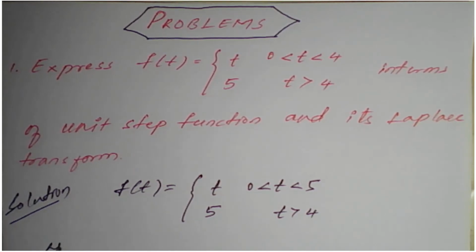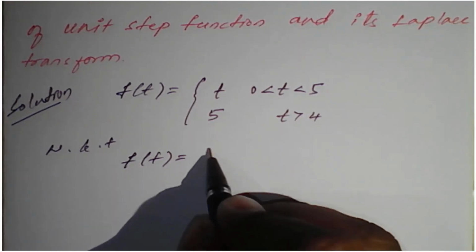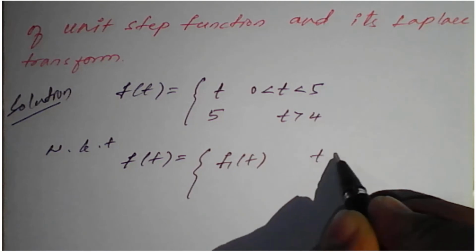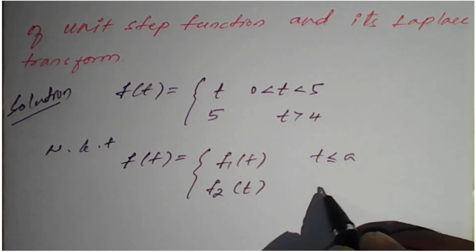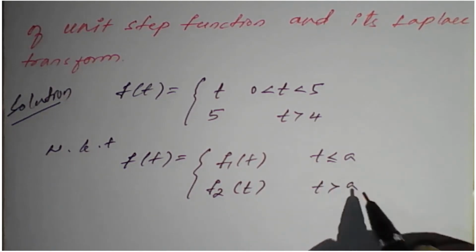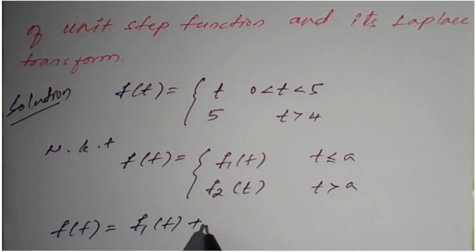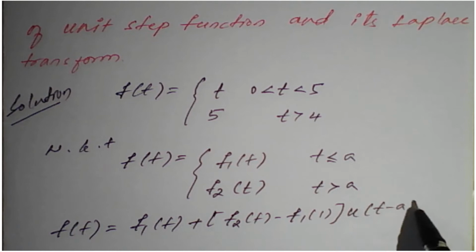So we know that f of t is equal to f1 of t where t is less than or equal to a, and f2 of t where t is strictly greater than a. For this we take f of t as f1 of t plus bracket of f2 of t minus f1 of t into u of t minus a.